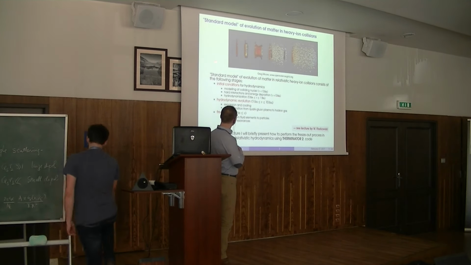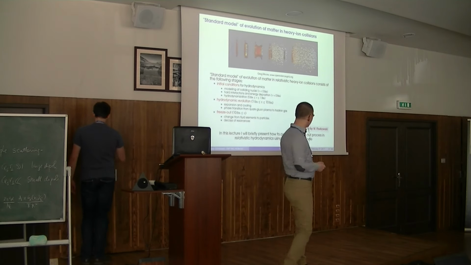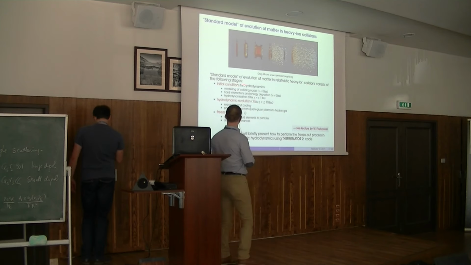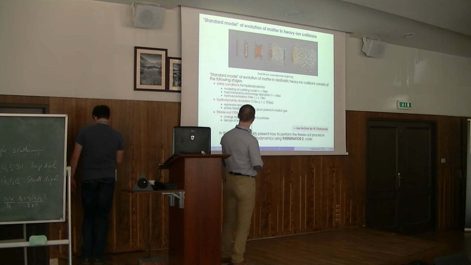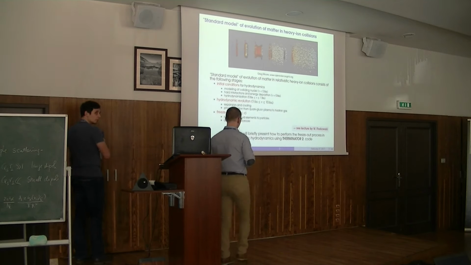basically there is a standard model which has settled down during the last years, and this model includes three basic stages which usually have to be included in order to describe the data. This is, of course, based on phenomenological comparisons to the experimental data.